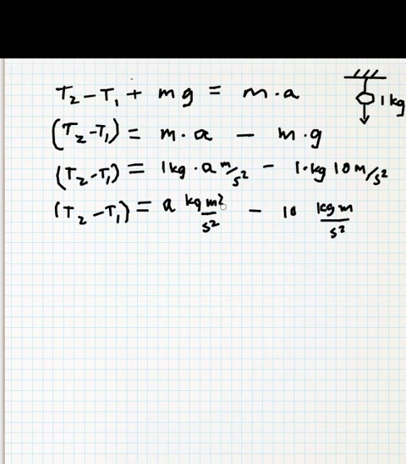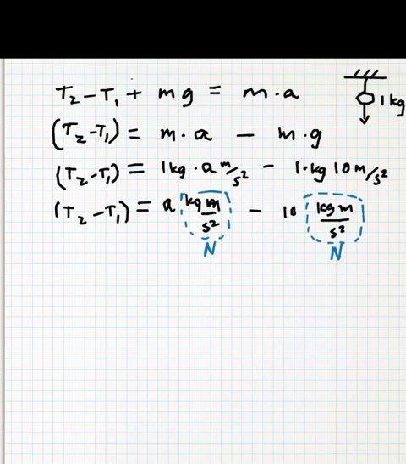It's actually kilogram meters per second squared, not kilogram meters squared per second squared. What I have here is this term right here, which is kilogram meter per second squared. You probably recognize that as a Newton. So we have a unit of force. So we have that the difference in tensions, also a unit of force, is equal to a newtons minus 10 newtons. Okay, so everything works out in terms of the units.